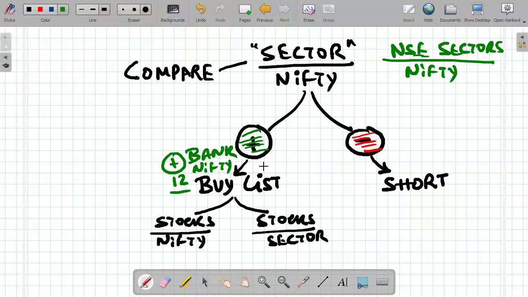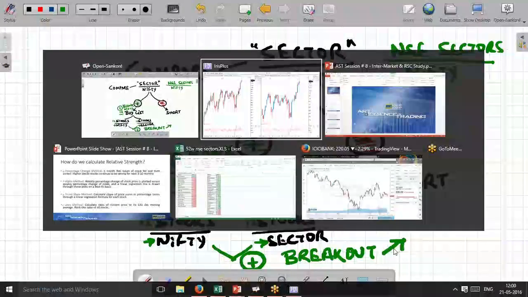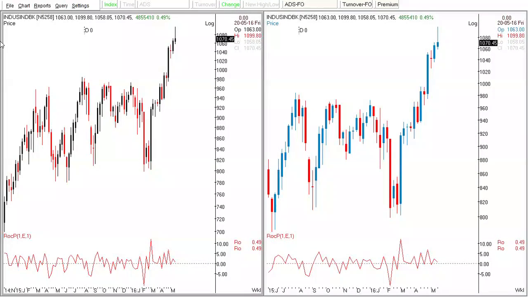Now we do the same thing but twice: once with Nifty as the base and second with the sector, that is Bank Nifty, as the base. All the 12 stocks upon Nifty, all the 12 stocks upon Bank Nifty. The same process. You take those stocks in which both of them are positive, and when you get a breakout in these lists, you buy and go with the trade. That's the concept of relative strength comparison.